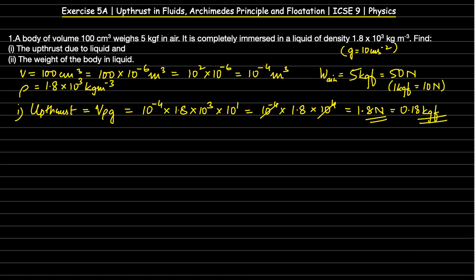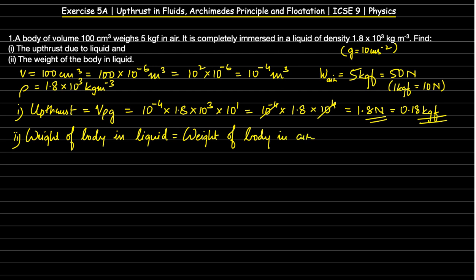For the second part of the problem, we need to find weight of the body in liquid. So for finding weight of the body in liquid, weight of body in liquid is equal to weight of the body in air minus upthrust.